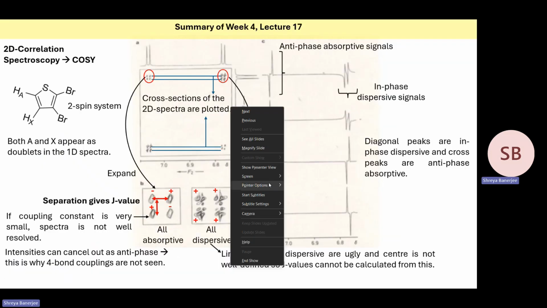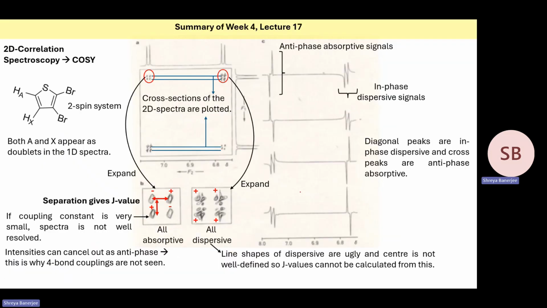Now what has been done is that one line has been drawn through here. You can see there's 1 peak here, 1 peak here, 1 peak here, 1 peak here. So there are 4 peaks in the horizontal line, and one horizontal line has been drawn through here.